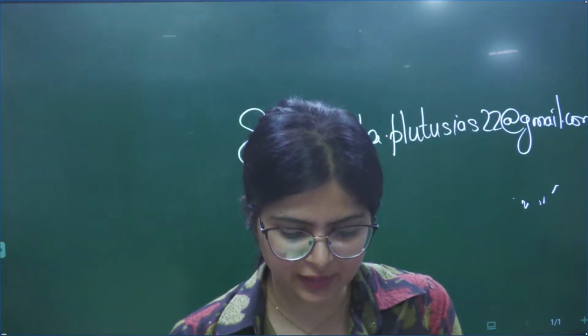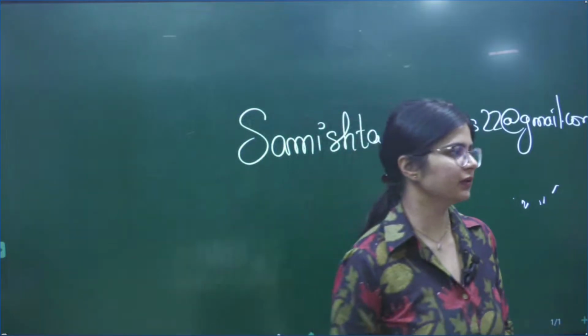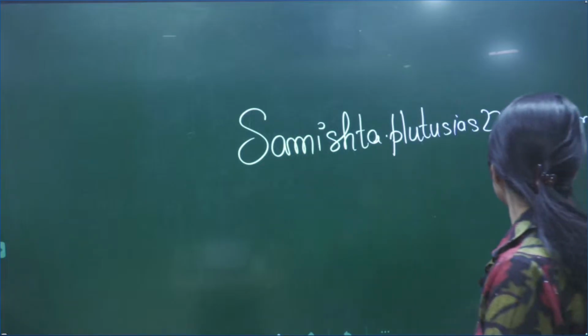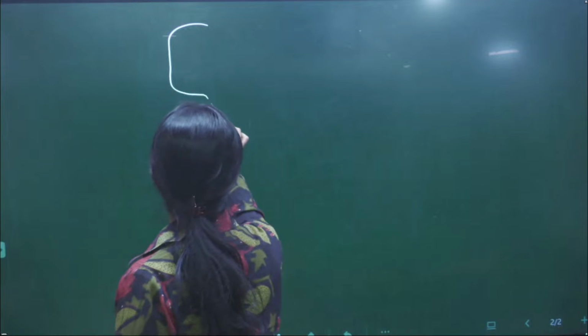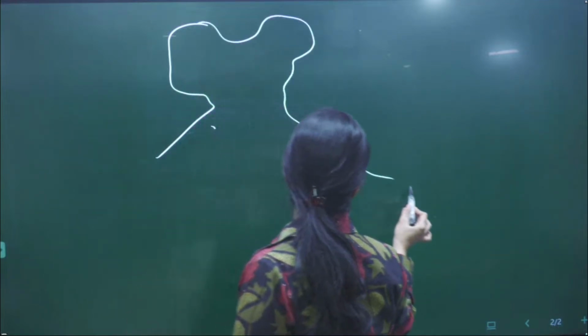Okay, so we had to discuss the Trans Himalayas, the Greater Himalayas, the Middle Himalayas and the Outer Himalayas. That is what we were discussing last time. This is what we left in the end.